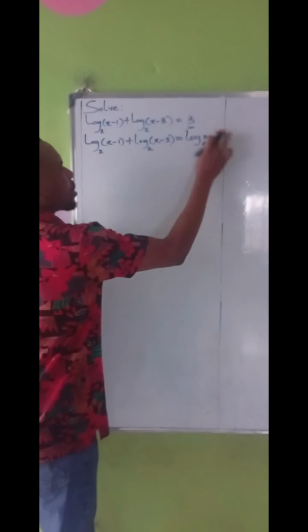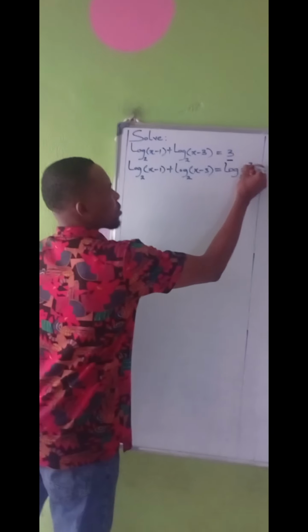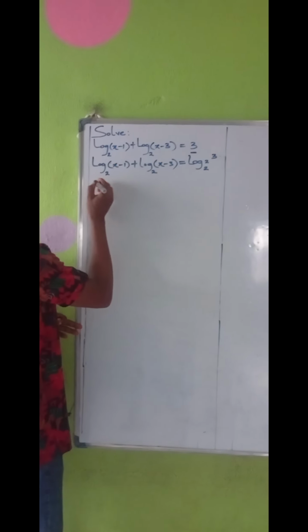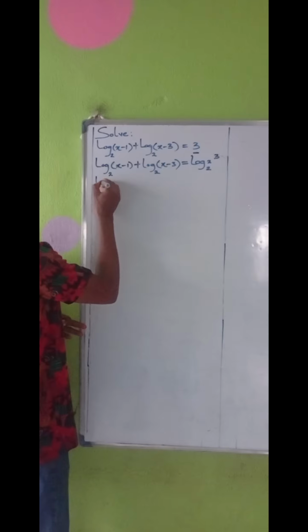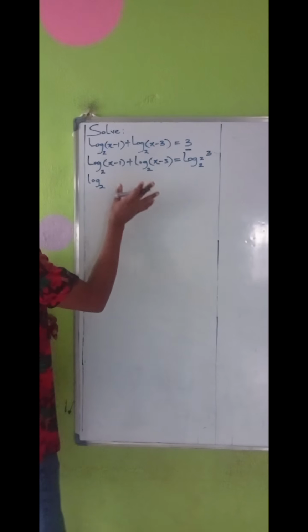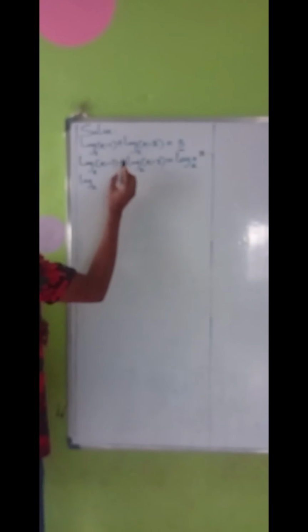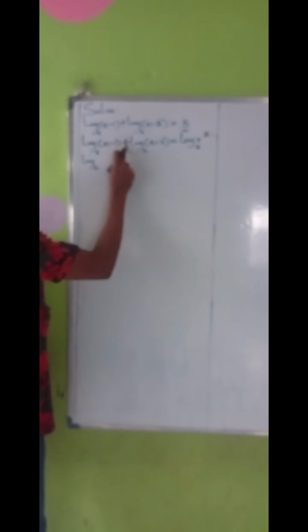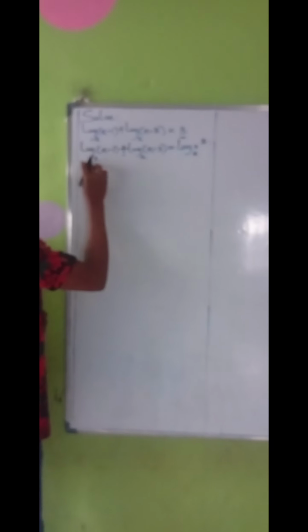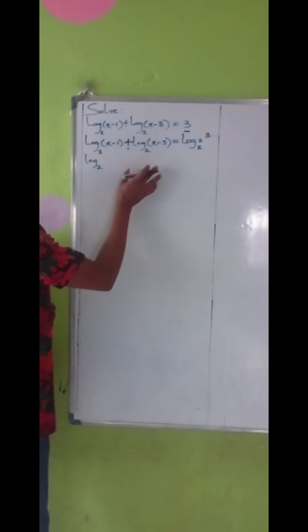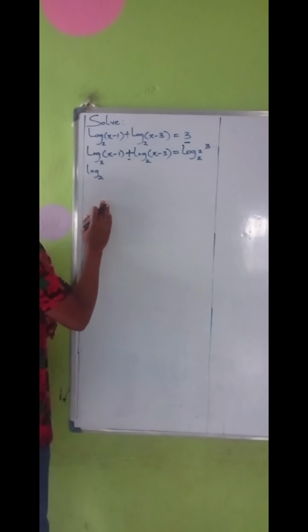This is a law of logarithm. Now, based on the law of logarithm, since this log and this log are of the same base, this addition means we are going to apply the multiplication rule.